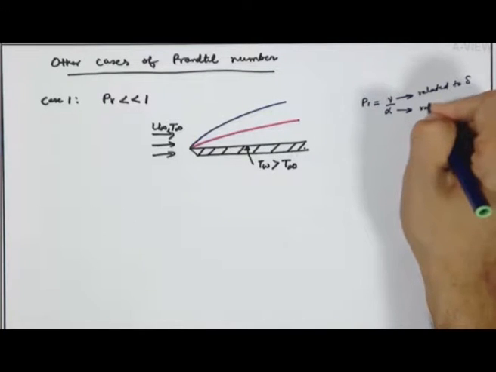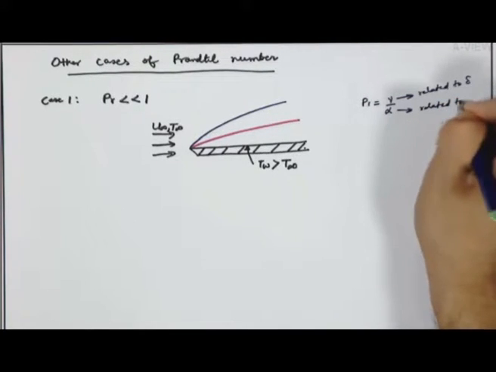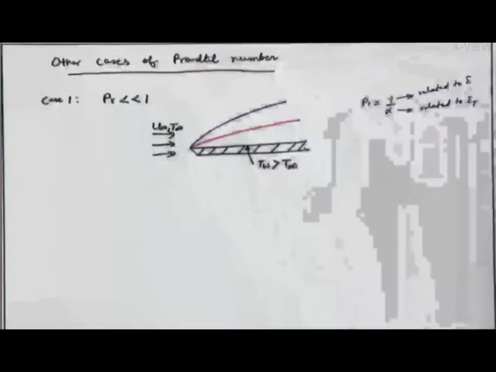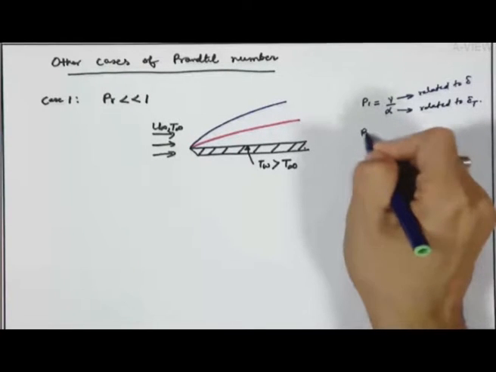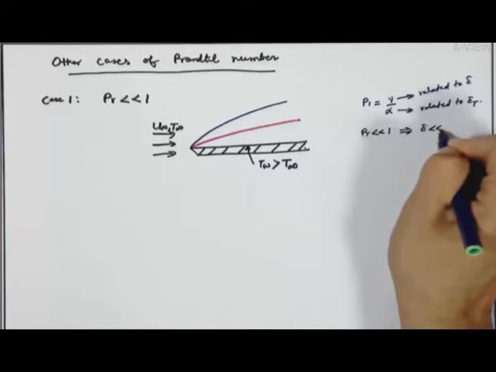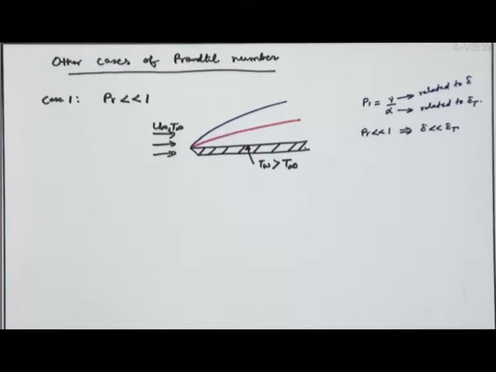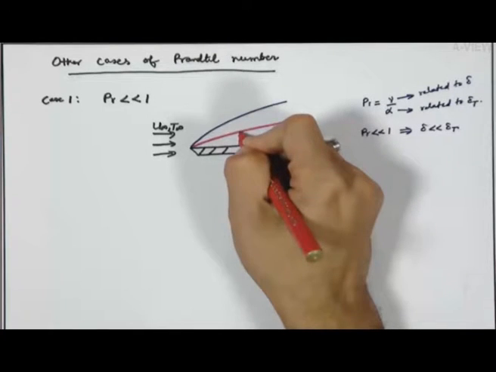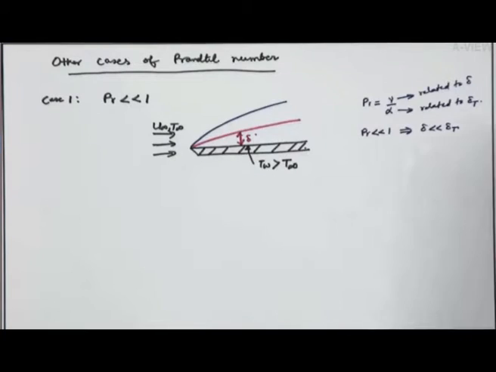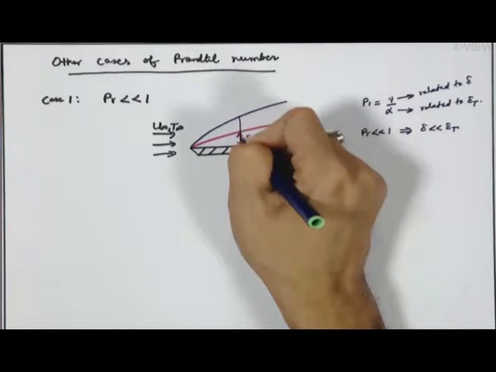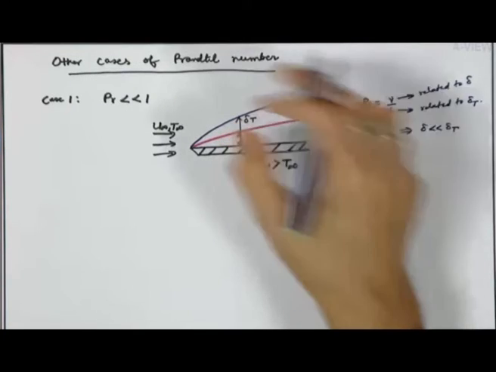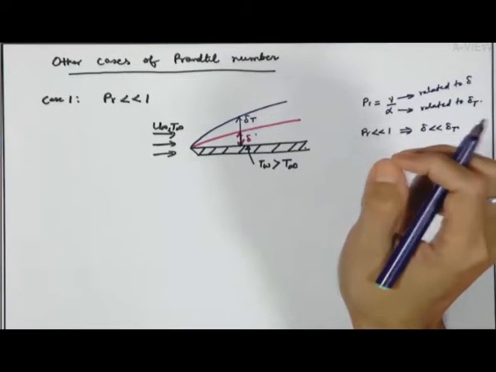So, it is related to the thermal boundary layer thickness delta T. So, Prandtl number much less than 1 must correspond to the case delta much less than delta T. Just for exaggeration I am drawing delta like this and delta T like this, but actually delta is much less than delta T.